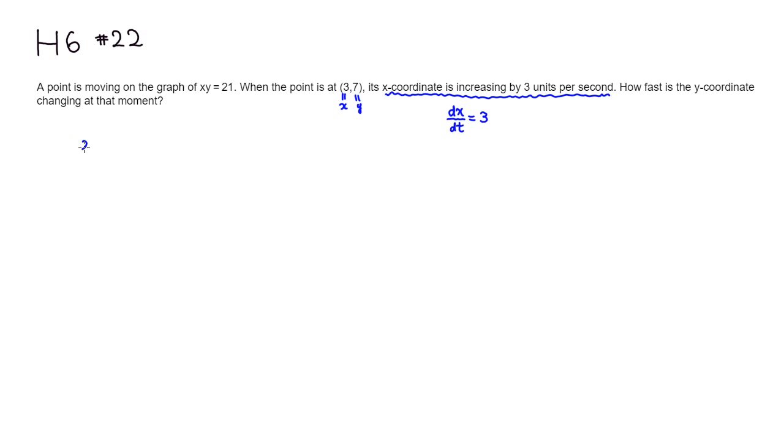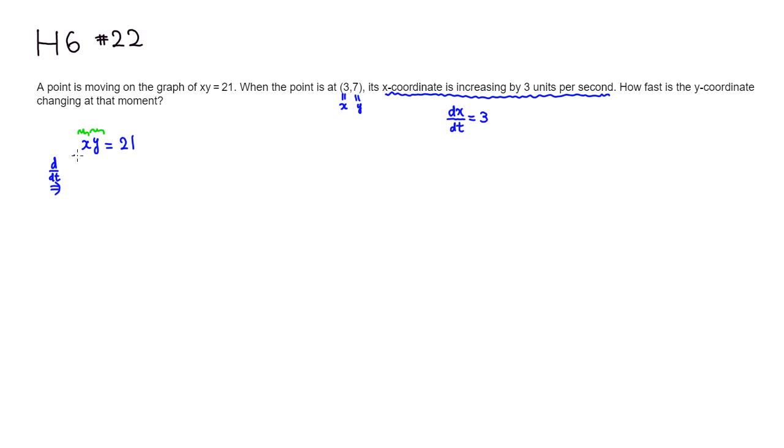So the equation is xy equal to 21, right? We want to take the derivative of this equation with respect to t, so with respect to time. Since this is a product, x is the first guy and y is the second guy, so we're going to use the product rule.